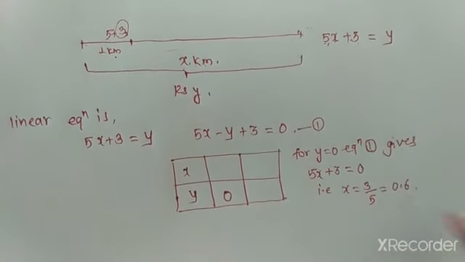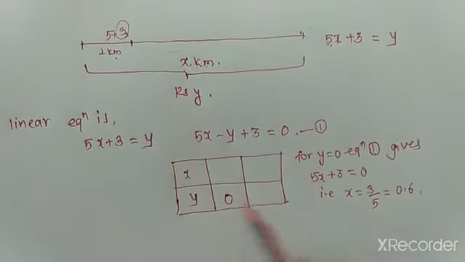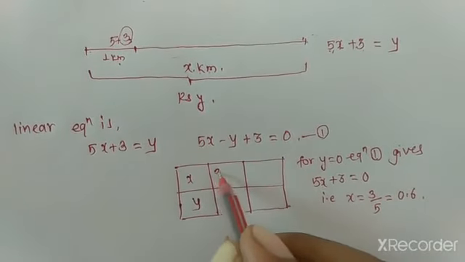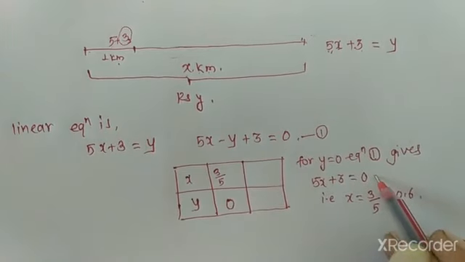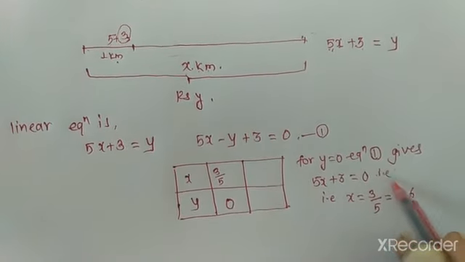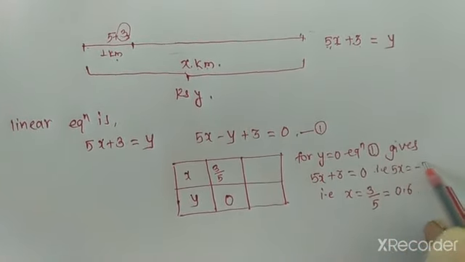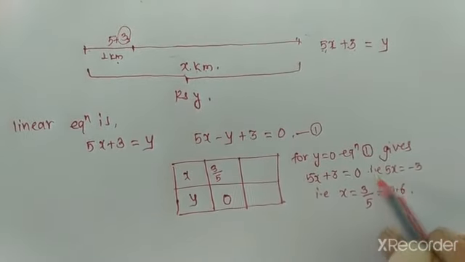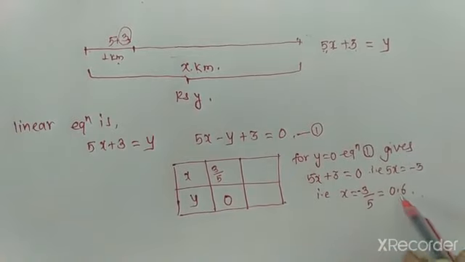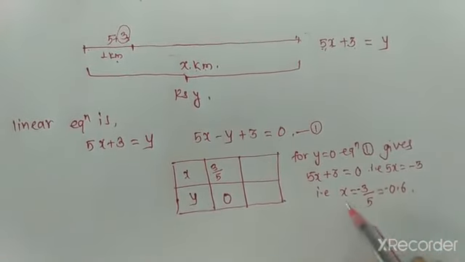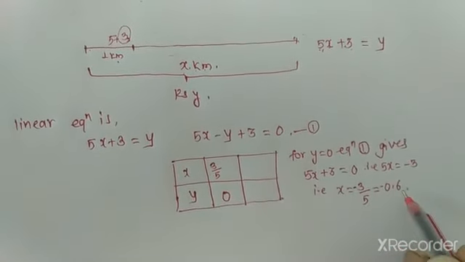That is x is equal to minus 3 upon 5, because when we transfer the 3 to the right side it can be written as 5x is equal to minus 3. So the value of x at y equal to 0 is minus 0.6.